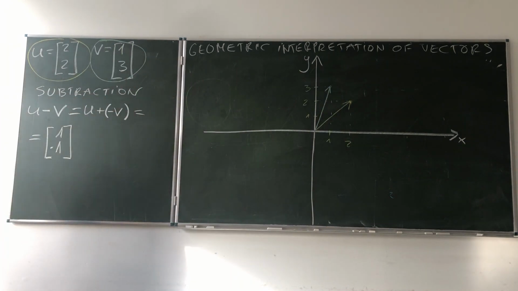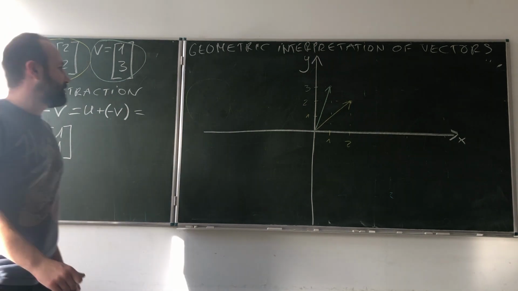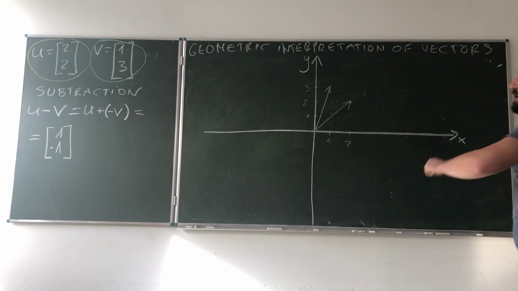Okay, so we see that in our procedure, first thing we should do is to create vector negative v out of vector v.